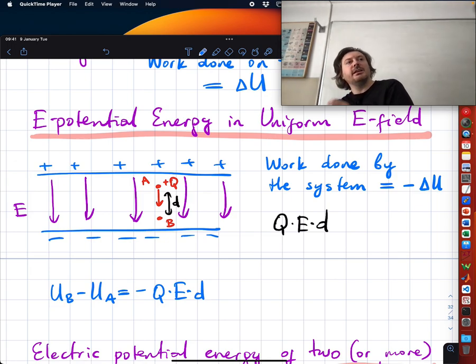Usually when you compare electrostatic effects and gravitational effects, electrostatic is 10 to the 20 times more effective. So even if we put it like this, but of course, for example, in Millikan's famous oil drop experiment, gravity is important.